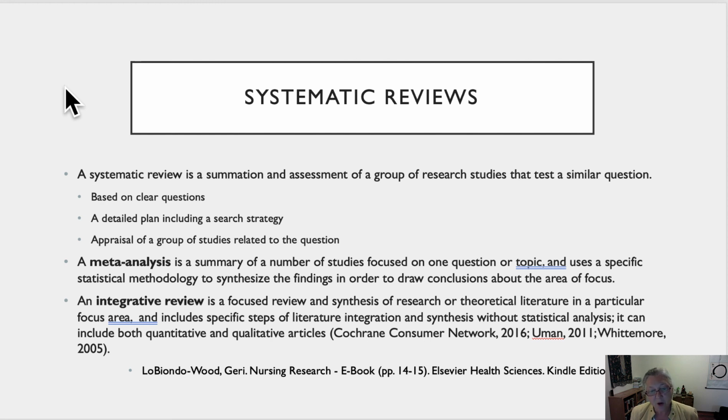And there are whole entire databases of studies that are maintained that have used this review process that you can look up for your evidence-based practice. The appraisal of a group of studies is related to that question. And it is a very long and difficult process.